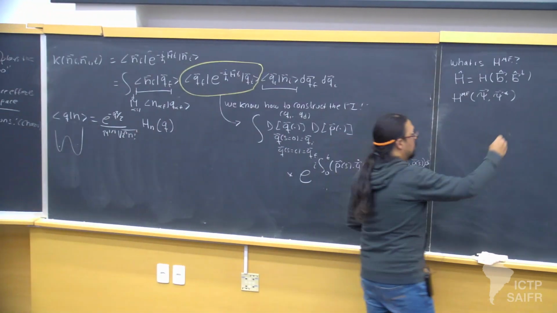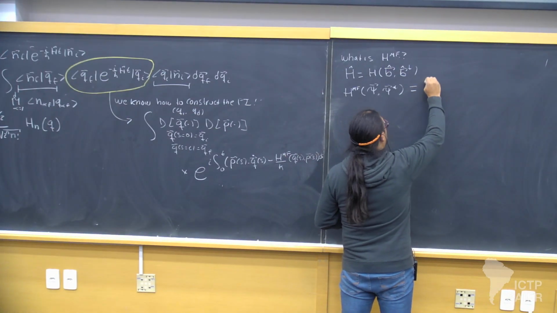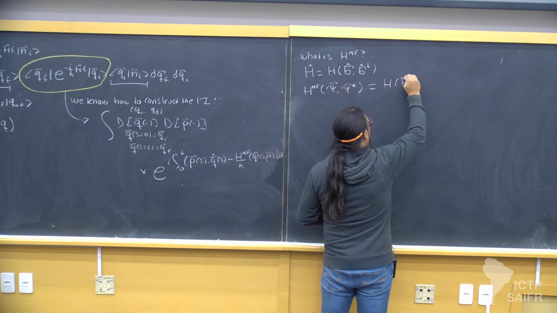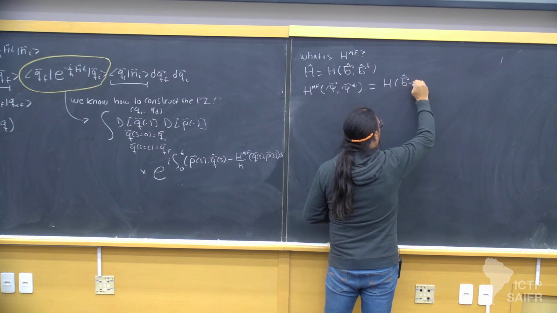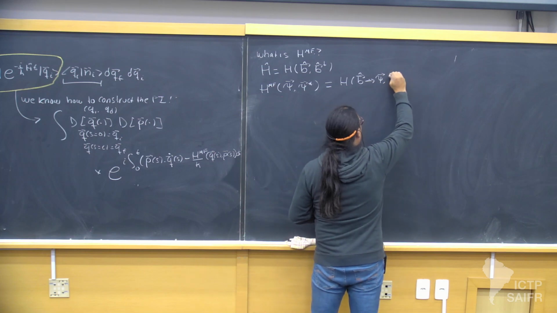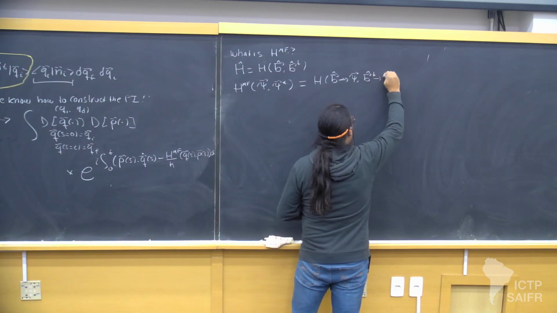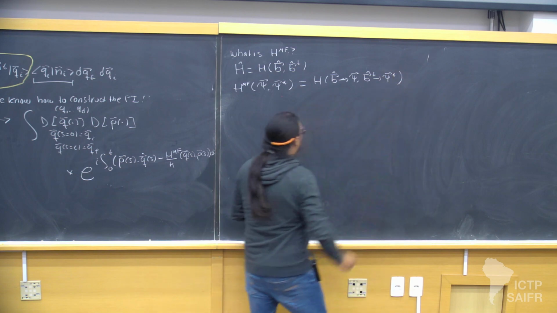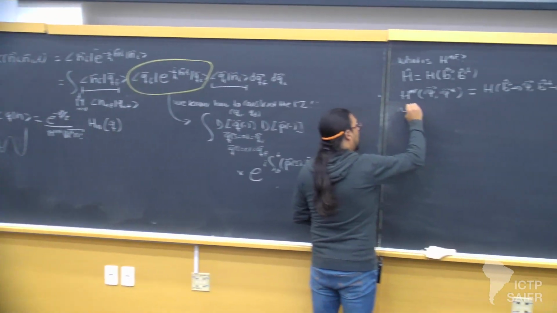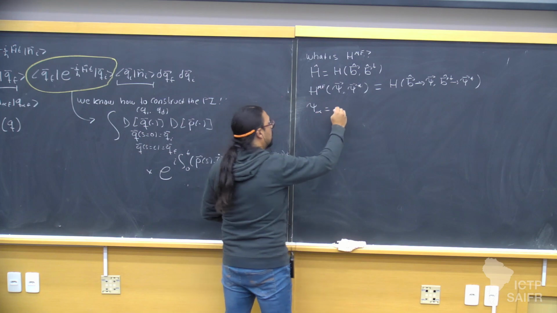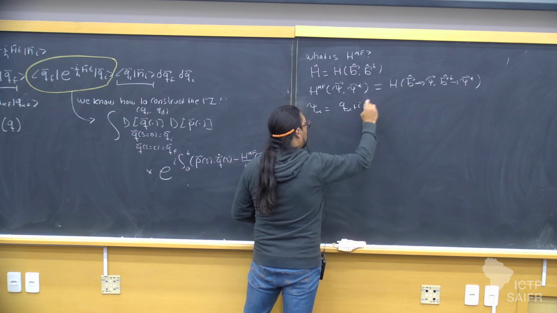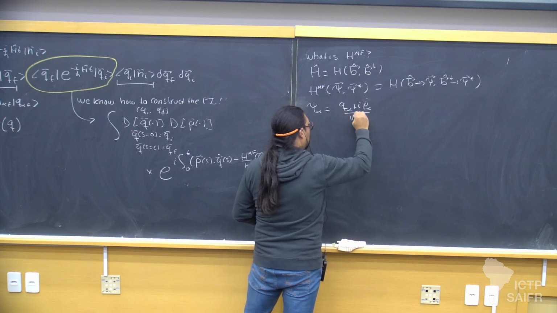Let me just write it, and then I specify more. You will get that this is the original quantum Hamiltonian, but instead of the B operators, you write these psi guys, and instead of the B daggers, you write psi conjugate. And to completely make the connection with Q and P, psi alpha is a shorthand for Q plus iP divided by square root of 2.